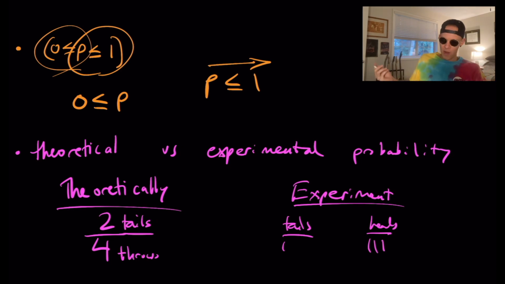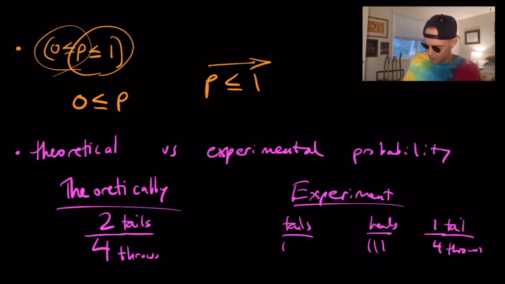So what happened? Why did I only get 1 tail out of 4 throws? It should be 50-50 because you're just flipping a coin, right? Well, the fact that we conducted this experiment shows that that's not always going to be the case. But if you do a bunch of throws, like let's say you did 100 or 100,000 coin flips, it's going to average out to 50-50.